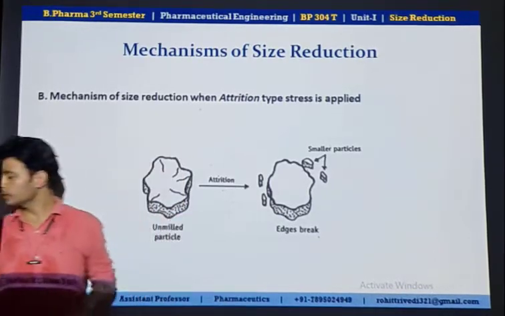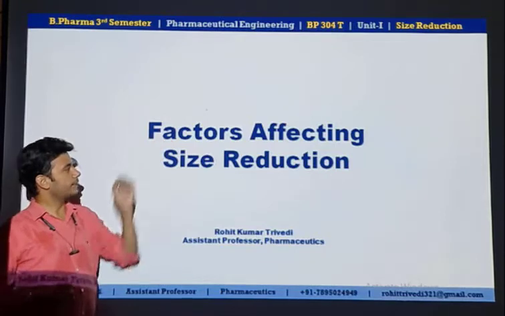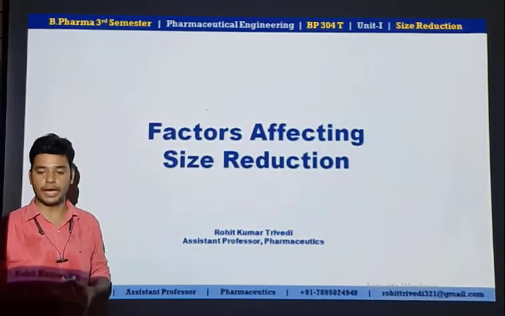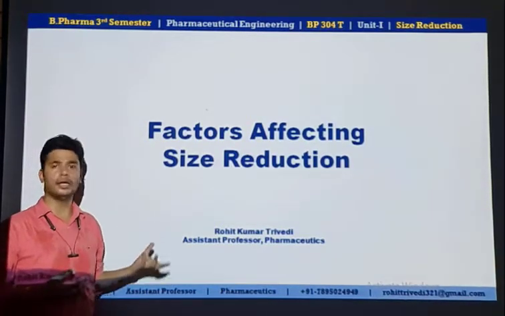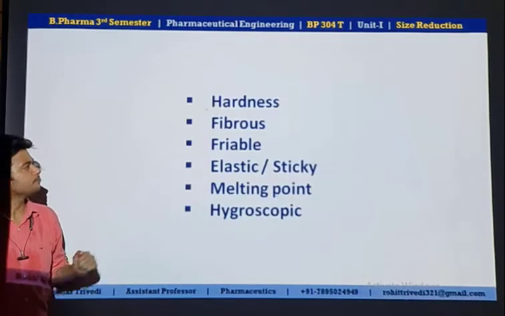Okay, now moving further, let's discuss the factors affecting the process of size reduction. What are the various factors that can affect the process of size reduction? Actually we have several factors. Let's discuss all those factors one by one.